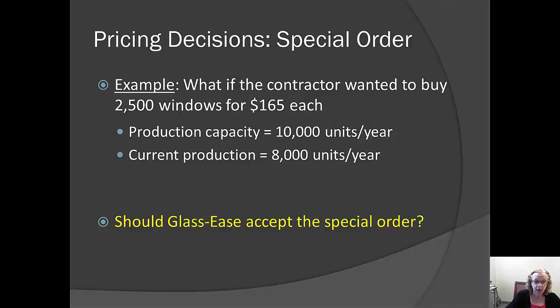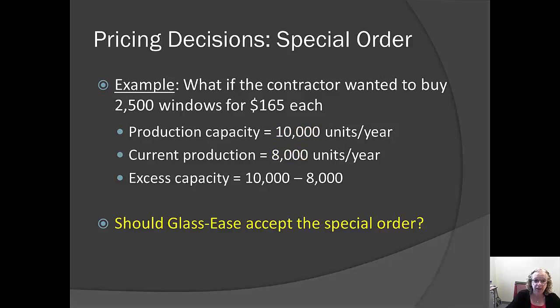Well, that's a problem because the firm's production capacity is 10,000 units, but they're already scheduled to make 8,000 units for their regular customers. That means that they only have excess capacity of 2,000 units.